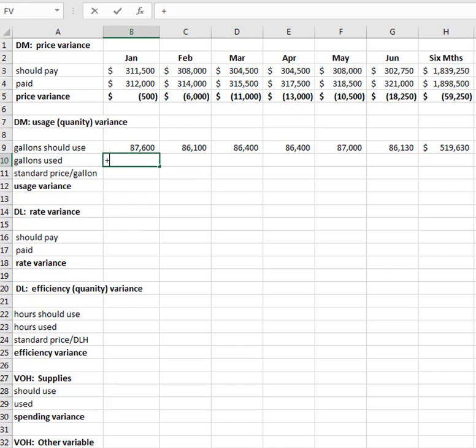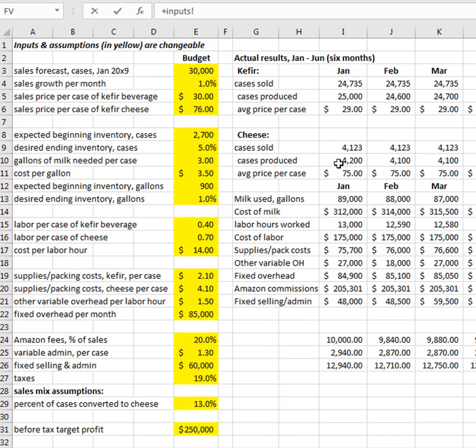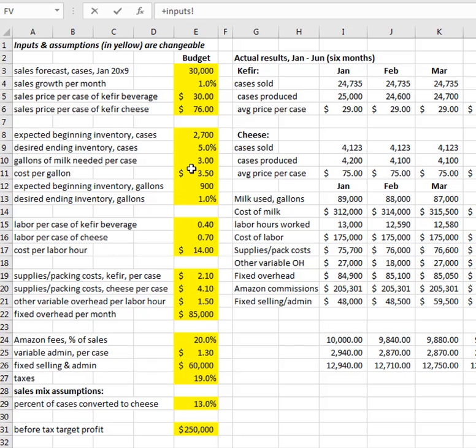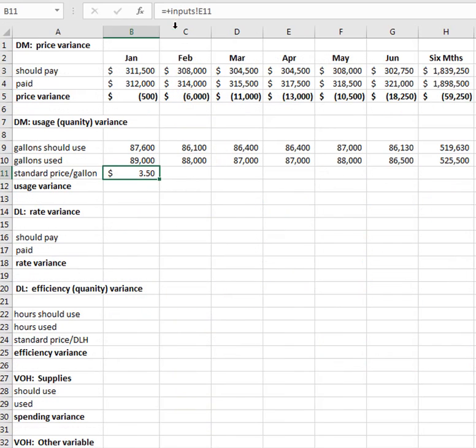Now, how much did they use? All right, let's go on over here and see how much did they use. So, milk used. Okay. Let's turn that back into units here. And then that difference between the gallons they used and the gallons they should have used would be multiplied times the standard price per gallon, which is the $3.50.